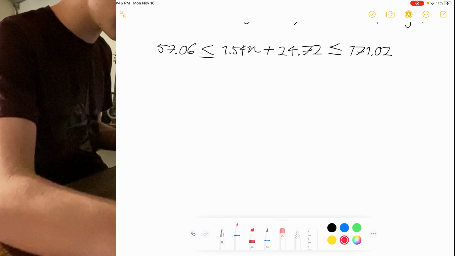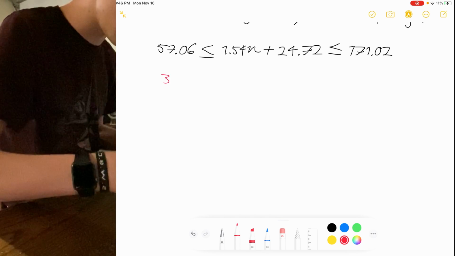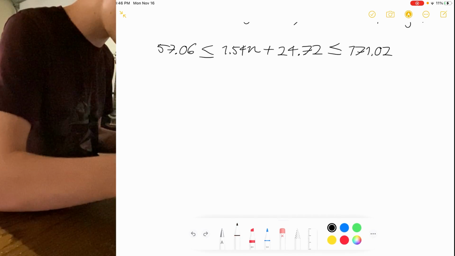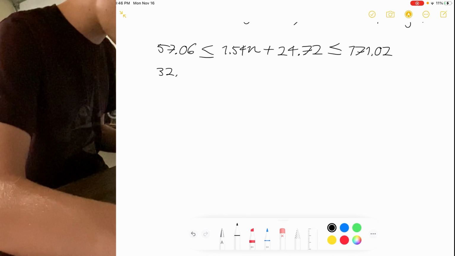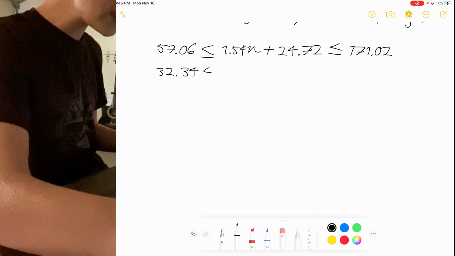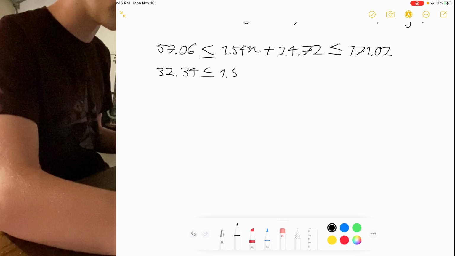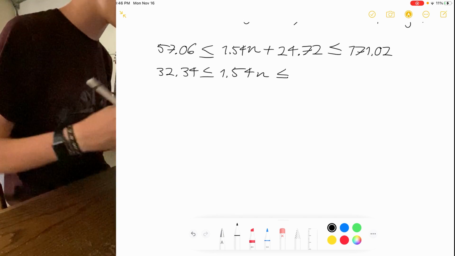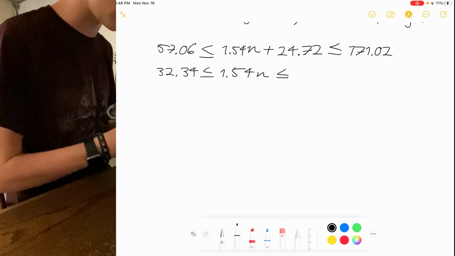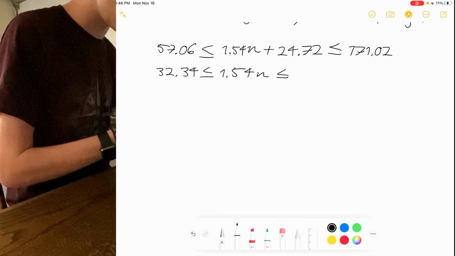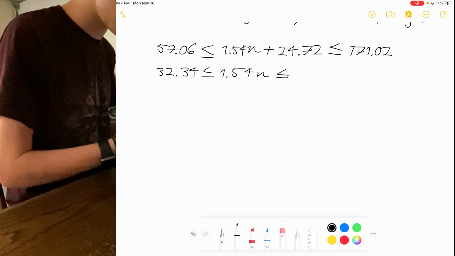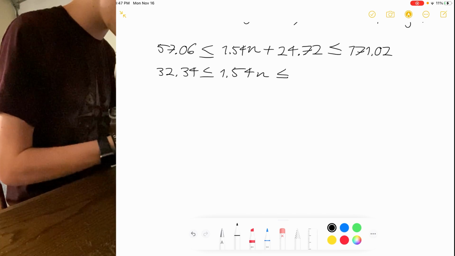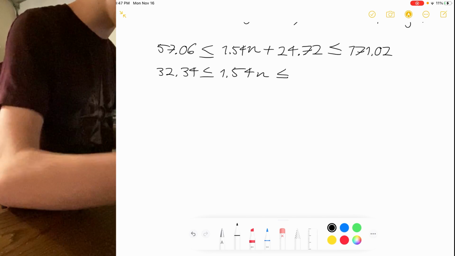That's going to give us $32.34, less than or equal to 1.54 N, less than or equal to, subtracting 24.72 from 171.02 is 146.3.